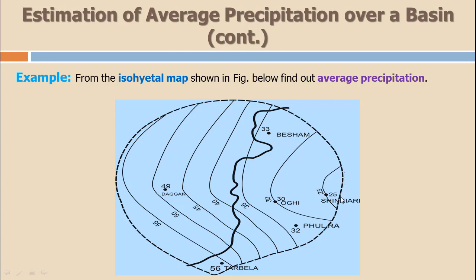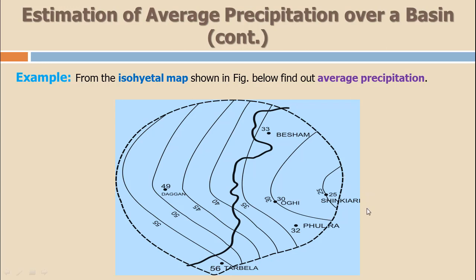So we will assume 25 millimeter for this boundary, and similarly for the last boundary we will assume 55 millimeter. Then we will find out the average of every 2 isohyetes, or the isohyete and the boundary value.